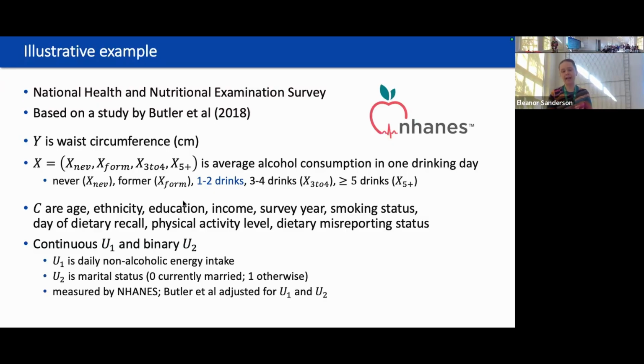And U2 is binary, and it represents marital status. Now, these were actually measured by the NHANES study, and they were included in their analysis by Butler et al. Just for the purposes of this example, we're treating them as unmeasured. And you'll see later on, we can then look at what would happen if we analysed using the full data.